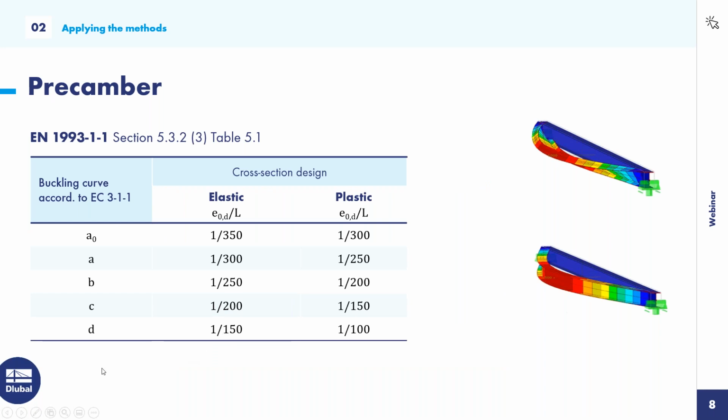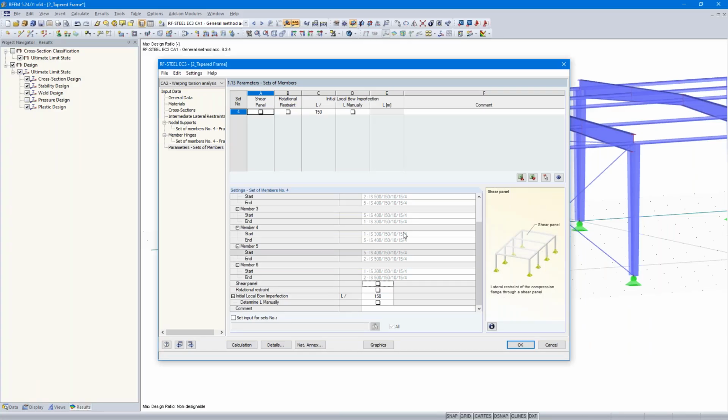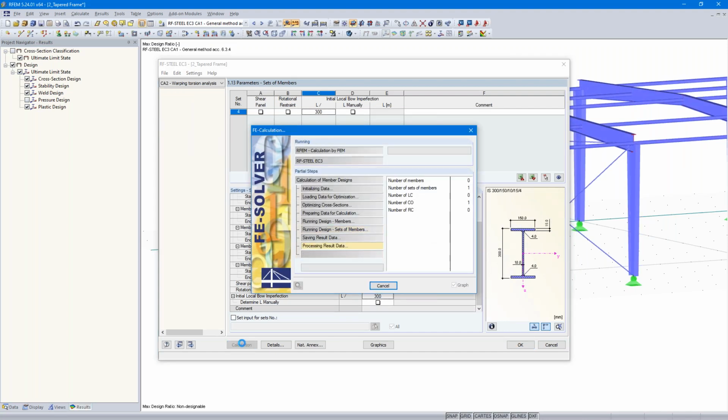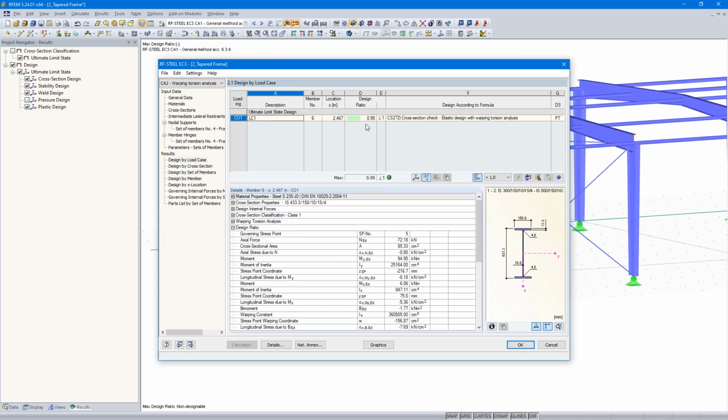L divided by 300. Go back to the program. 300 and calculate all. Yeah, and we get a design ratio of 95%.